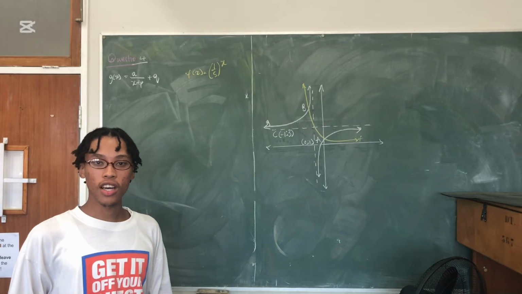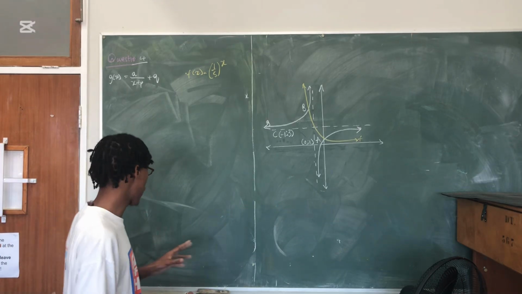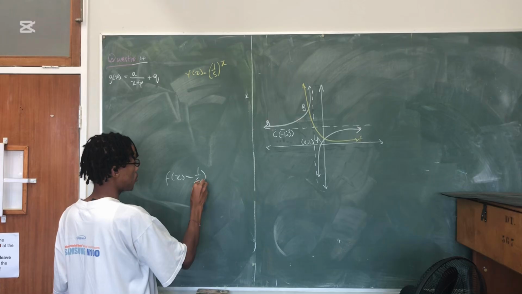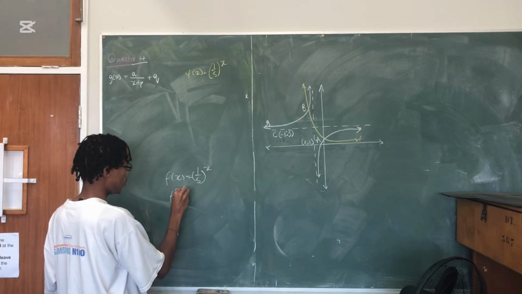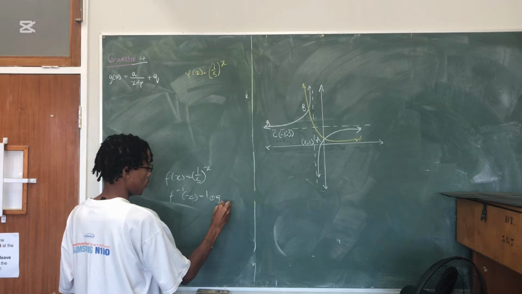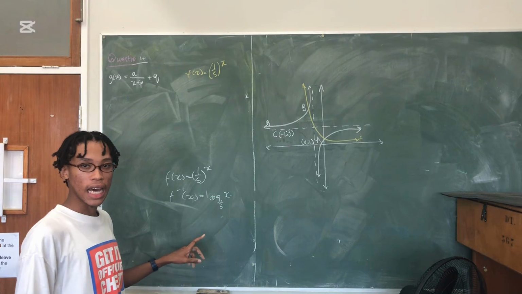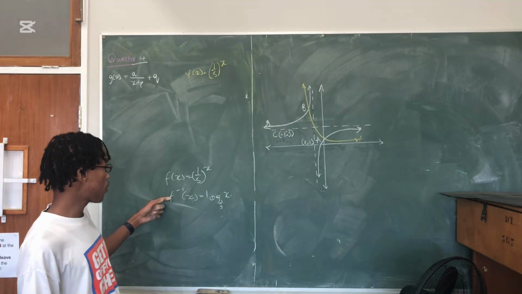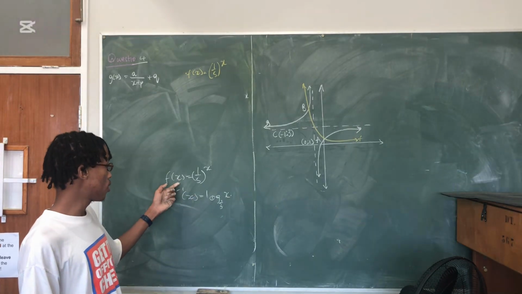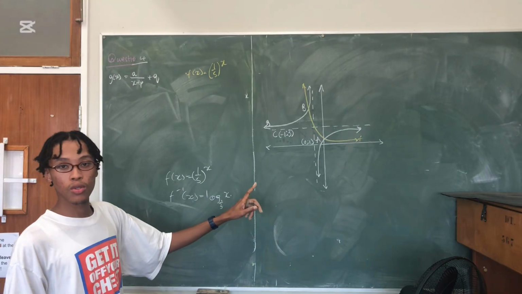Now, the next question is asking us to draw the inverse function of f of x. Because we know that our f of x was 1 over 5 to the power x, and our inverse was log base 1 over 5 of x. An important thing that we need to know is that the inverse of f of x is the reflection of f of x across the line y is equal to x.